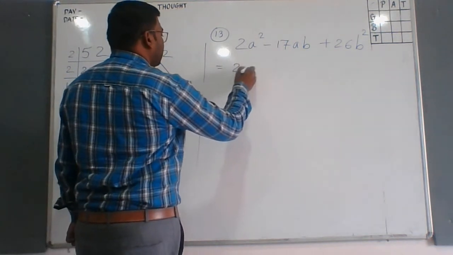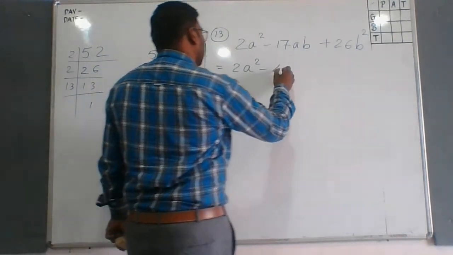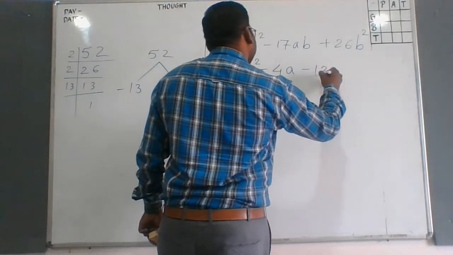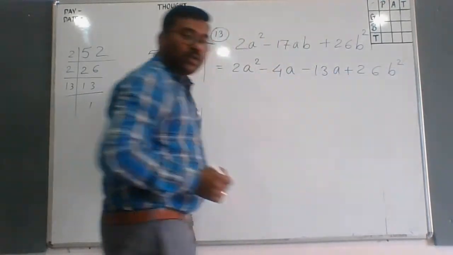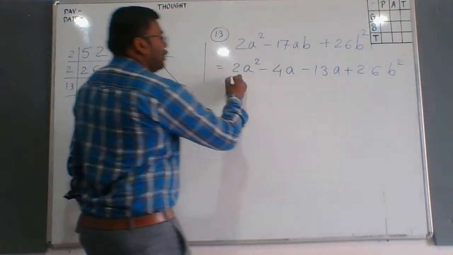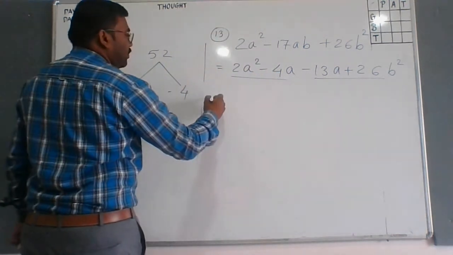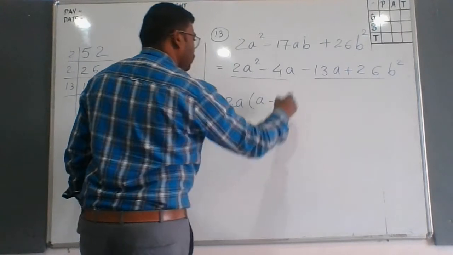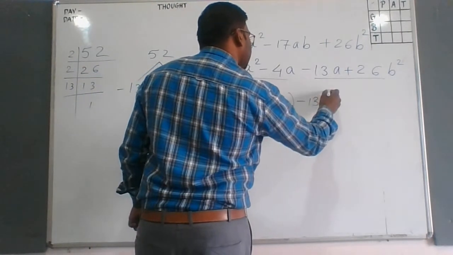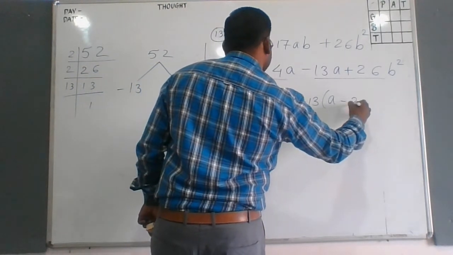Now it is 2a square minus 4ab minus 13ab plus 26b square. Okay. Take the factors from here: 2a is common, that becomes a minus 2b, and from the last, minus 13b is common, a minus 2b.